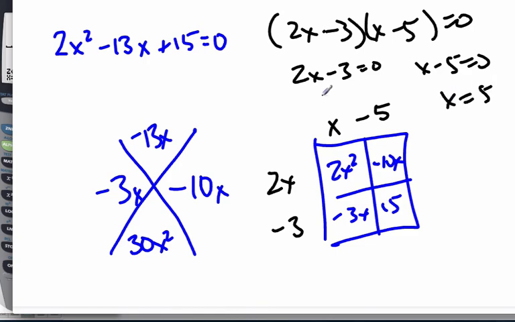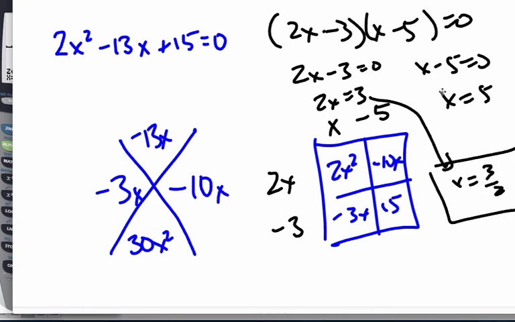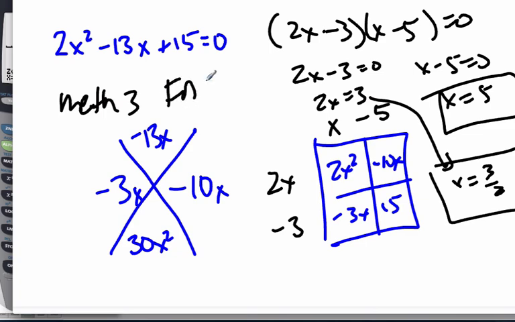X is 5, or 2x is 3, or x is 3 halves. 3 methods to do it. This one is method 3, and it is by factoring. There are more methods available to us as well, but these are the 3 that we know at this time.